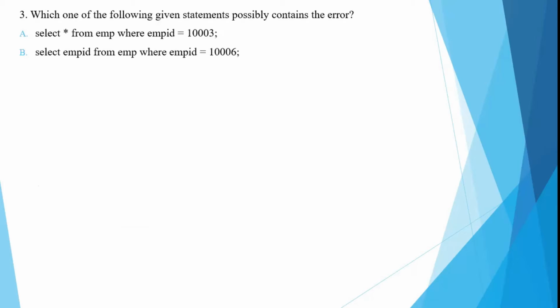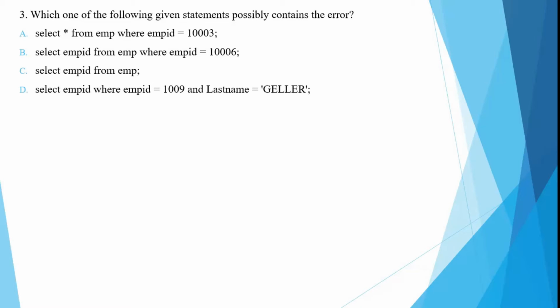Next one, select EMP ID from EMP where EMP ID equals 10006. Third one, select EMP ID from EMP. And the last one, select EMP ID where EMP ID equals 1009 and the last name equals grid.